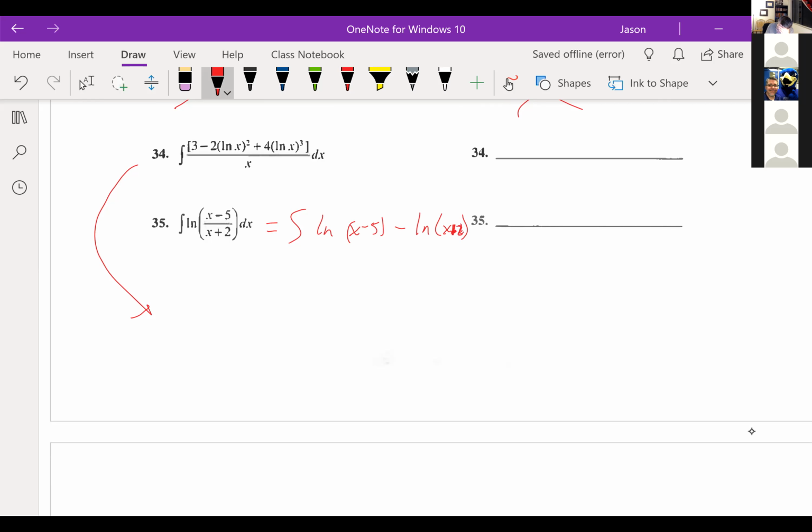Okay, and so you would do a U sub on that. Yeah, you just do U sub on this. Then u equals x minus 5 for this one. So I would actually break it up into 2 separate integrals.